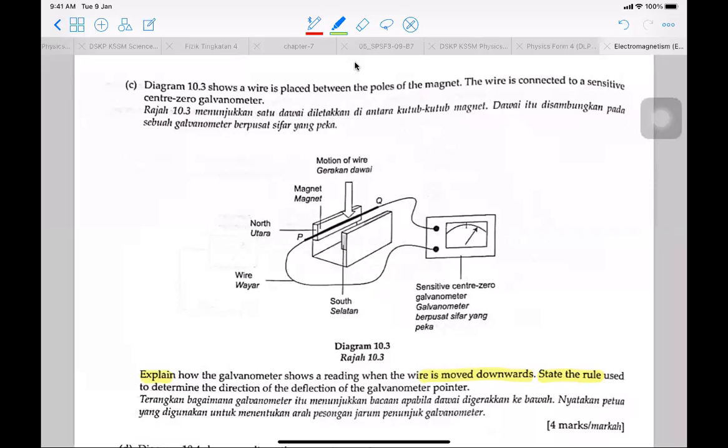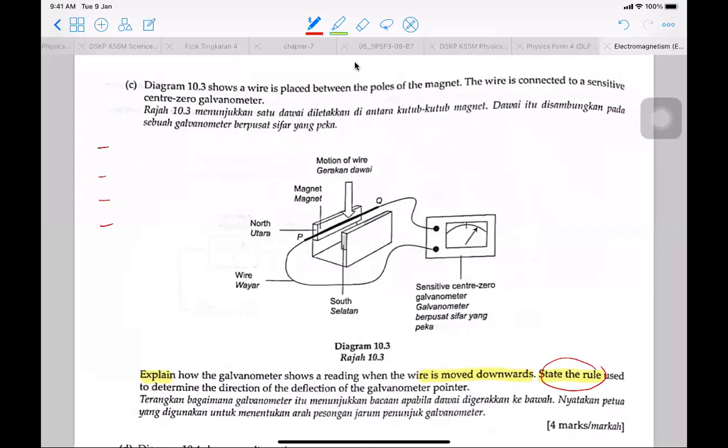So first mark, what is the first mark? How do we start? Because usually most students have problems in answering questions involving explanations. This is the part you are weak at. So again, if 4 marks, then you can use point forms. 1, 2, 3, 4. We know for sure number 4: state the rule.